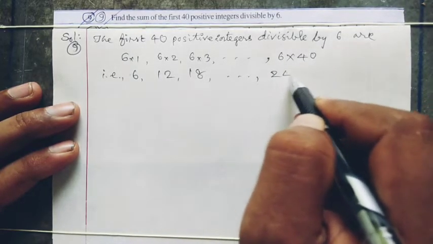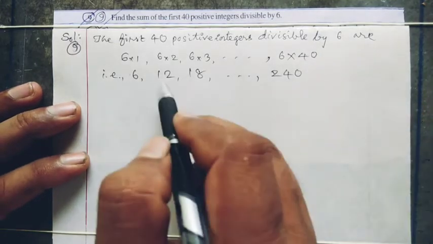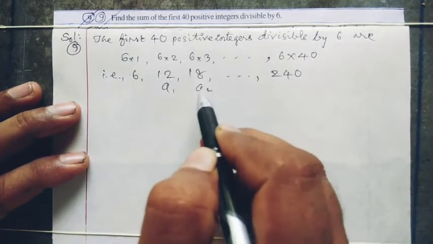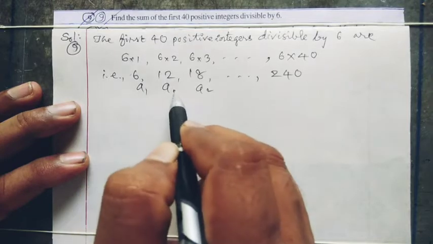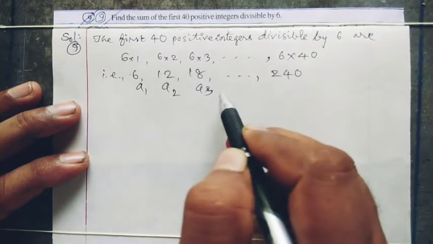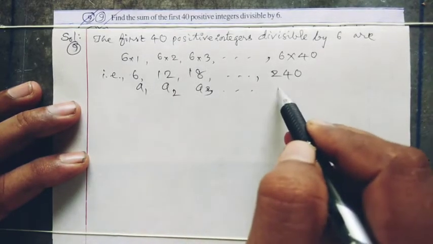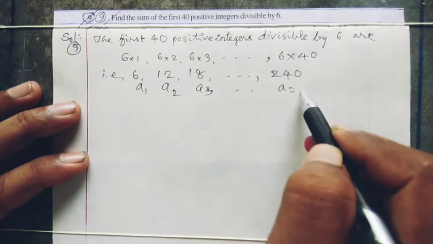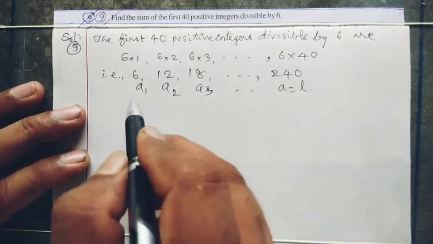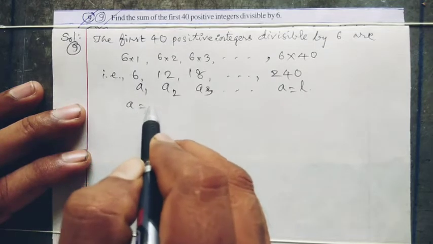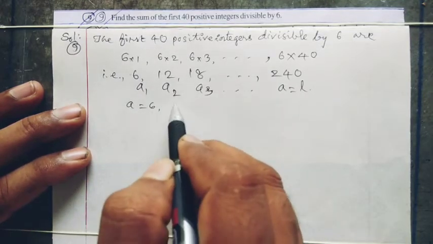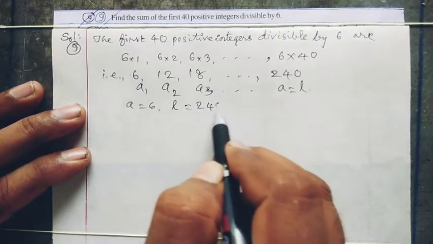Here we are asked for 40 terms, that's why 6 into 40, that is 240. So this is A1, A2, A3, and so on. This is An, the last term. So here A is equal to 6 and the last term L is equal to 240.